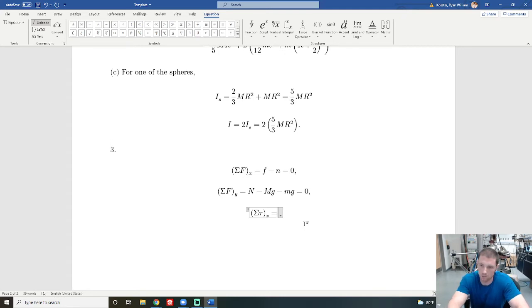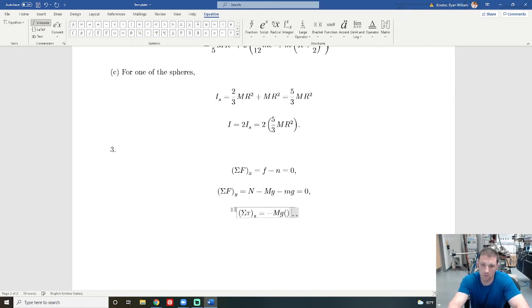Okay, so let's do this then. Remember that the forces from the weight of the ladder and the person will tend to make this ladder rotate clockwise about our chosen axis of rotation. And so what that means is that they should be negative, or the torques corresponding to them should be negative.